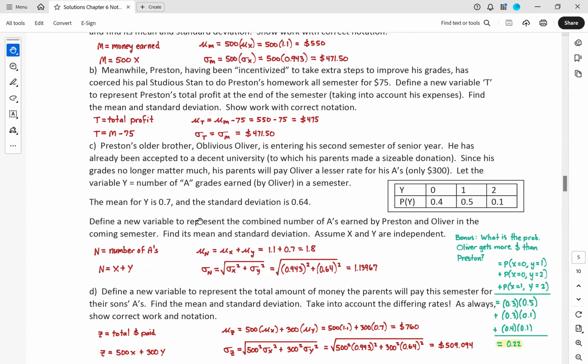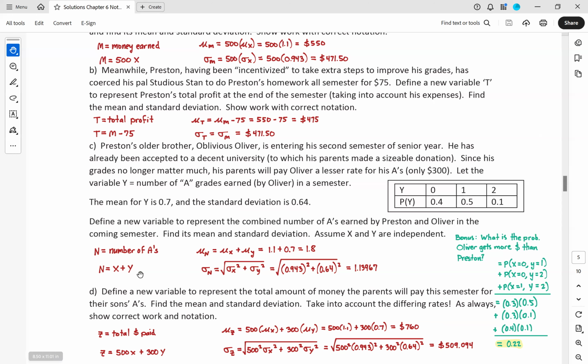So now let's consider the total number of A's earned by Preston and Oliver combined. I'm going to give it a name of n. Really, I could just keep calling it x plus y because that's what it is. It's an x value, which represents the number of A's that Preston earns, plus a y, which is a separate variable representing number of A's earned by Oliver.